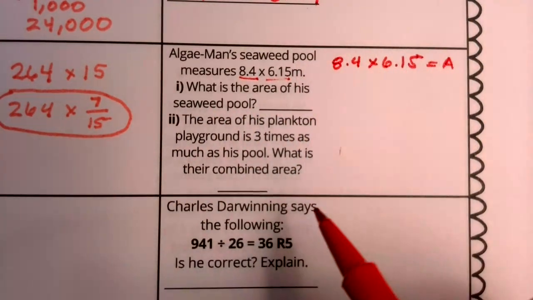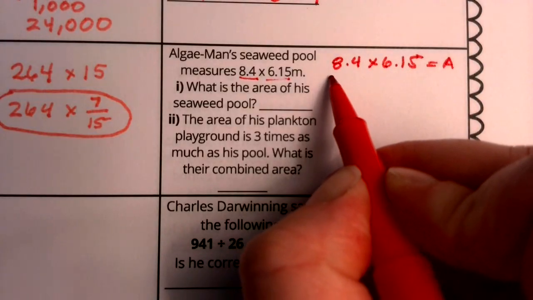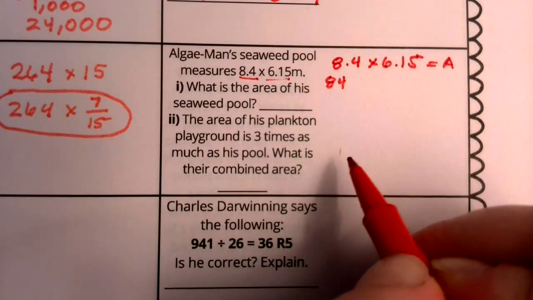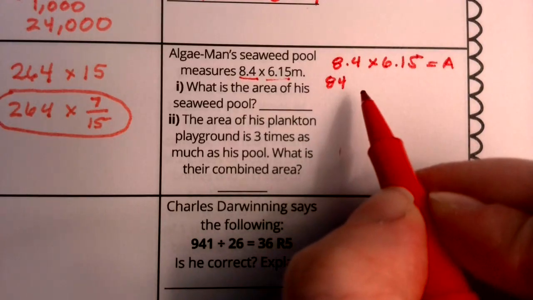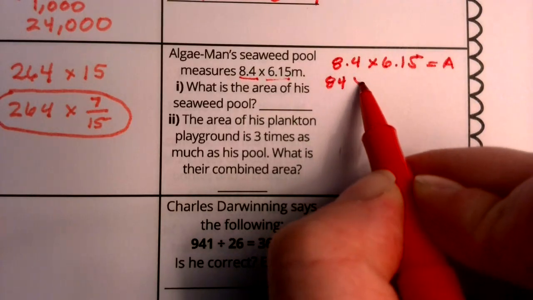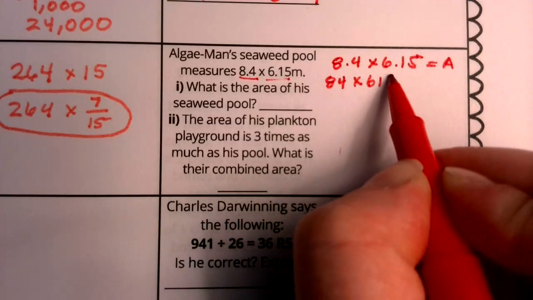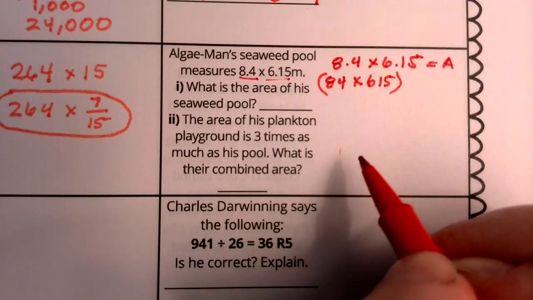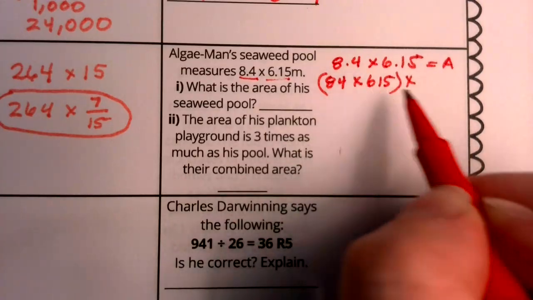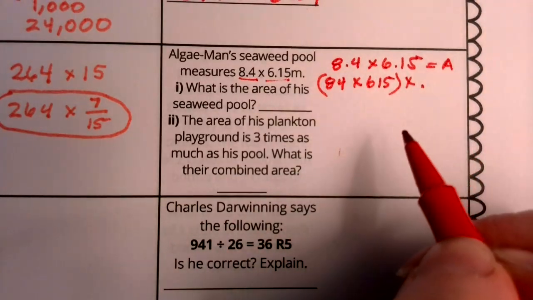Now, one strategy that we have found to be true is that we can multiply 84, right? Move that decimal 1 time. So we're really thinking about like 84 times 615. We could find the product of that. Then we could multiply it by a certain decimal.